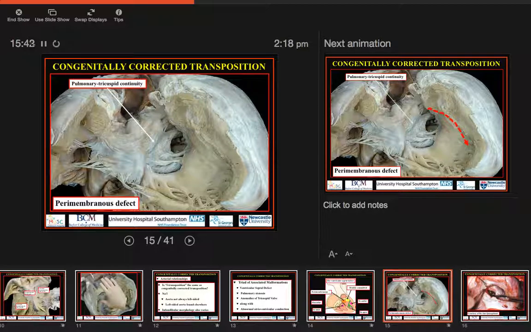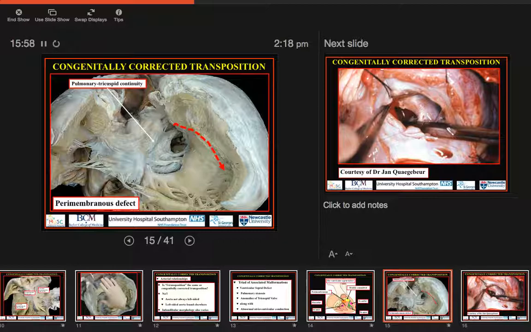And the feature is fibrous continuity posterior-inferiorly between the leaflets of the pulmonary valve and the tricuspid valve in the left-sided morphologically right ventricle. And the key point for the surgeon in congenitally corrected transposition, the conduction axis now runs anterocephalad relative to the ventricular septal defect rather than posterior-inferiorly, as we heard described this morning by Dr. Rayo.